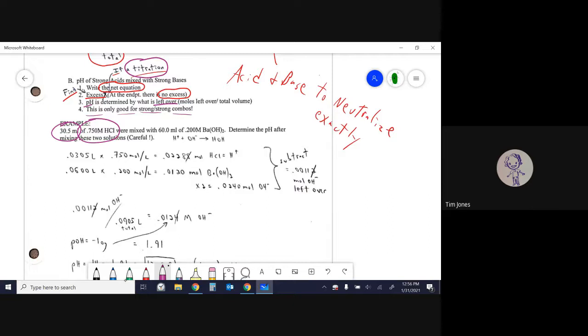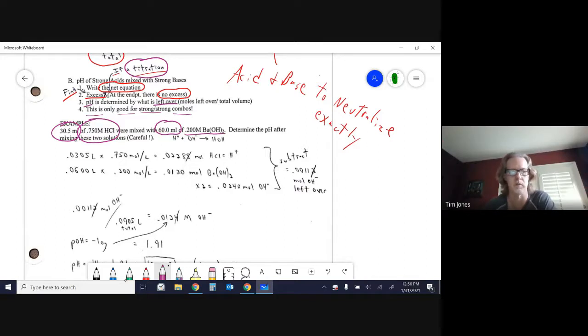We're going to mix that with 60 milliliters of 0.2 molar barium hydroxide, so strong acid and strong base. We want to know the pH after they're mixed. So what we have to do is figure out which of the two survives in a significant amount, and then find the molarity and the pH.